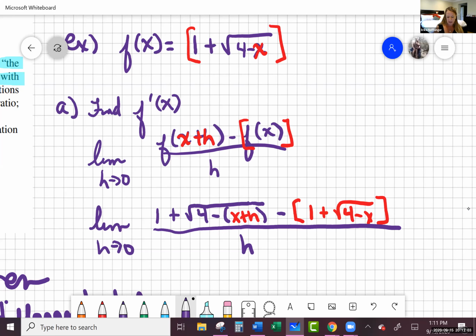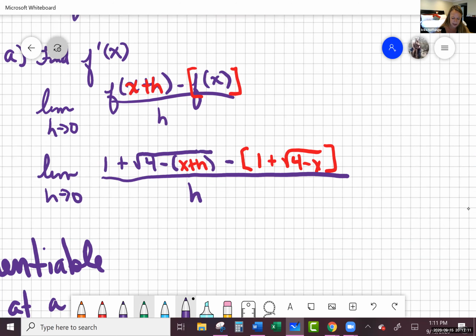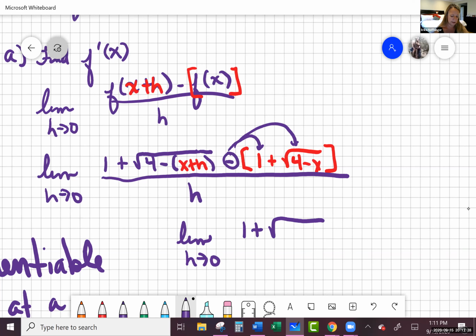If you want, we can simplify a little bit right now. Let's actually do that. So if we distribute this negative, I'm going to pull down my limit over here. So the limit as h is going to 0 of 1 plus the square root. Actually, I'm also going to distribute my negative down here, or inside that radical.